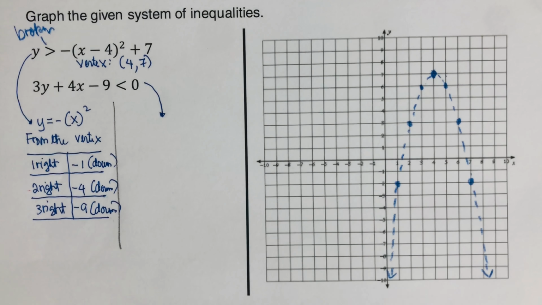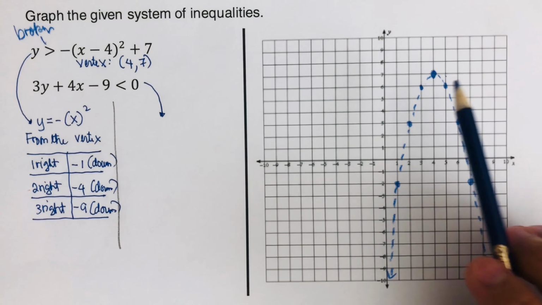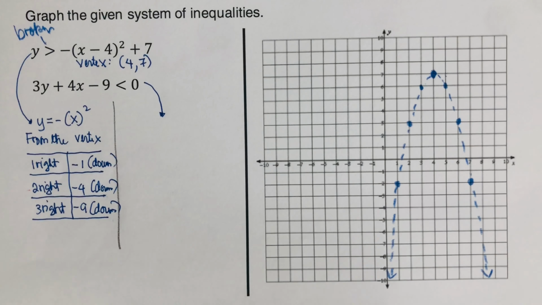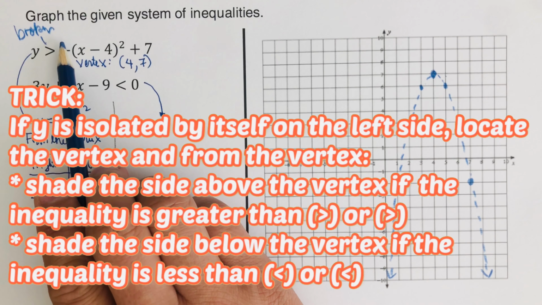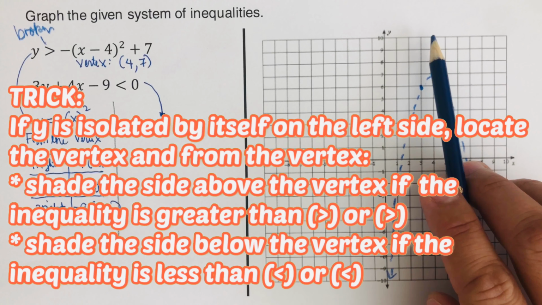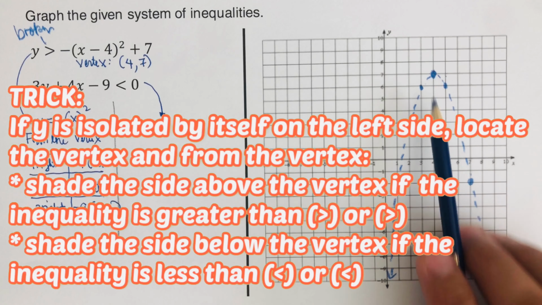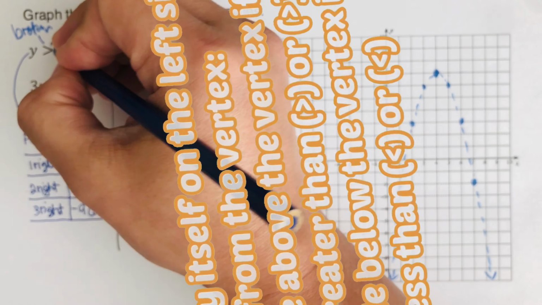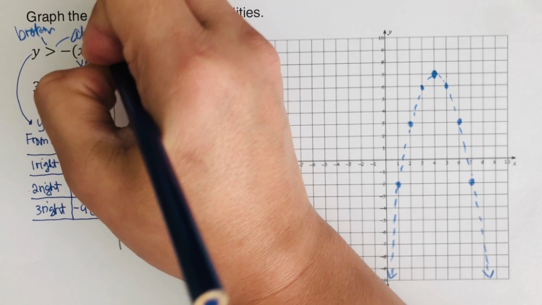Okay, now we are going to determine which part do we shade. Is it above the vertex or below the vertex? Again, the trick is if y is isolated by itself on the left side, locate the vertex, and from the vertex, shade the side above the vertex if it's greater than or equal to. Shade the side below the vertex if it's less than or equal to. Since this is greater than, we're going to shade above the vertex.